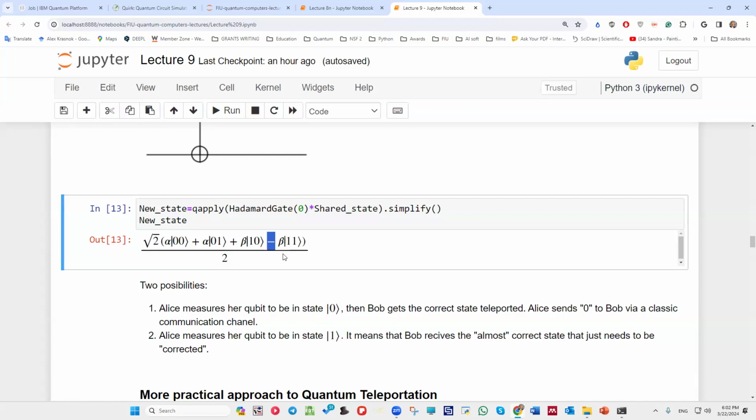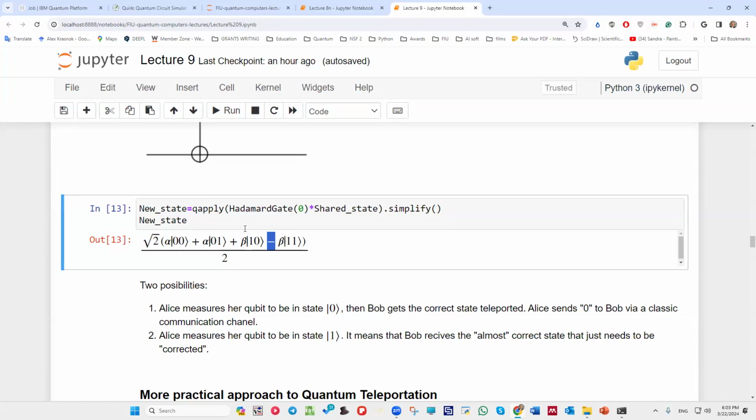Instead of plus, he gets minus. At this point, she needs to communicate with Bob through the classical information channel and tell Bob that he needs to correct this minus, correct the sign, change minus to plus, using the Z gate, basically. This is how it works.